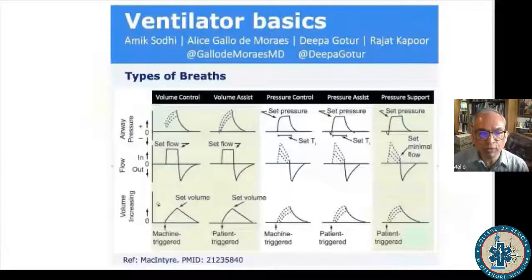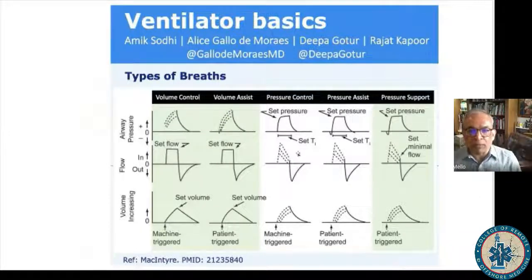The other waveforms that you will get with the different types of ventilation are here for you to refer to when you get exposed to seeing these different modes of ventilation being used. But this is the one that we are all familiar with, which is volume control.